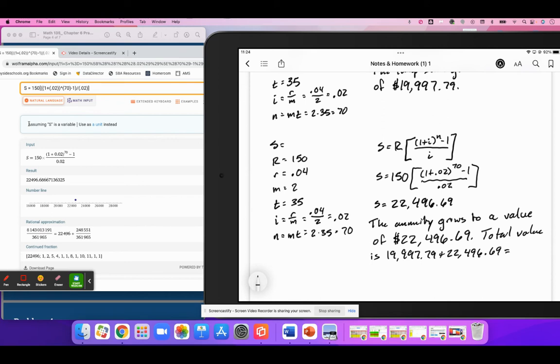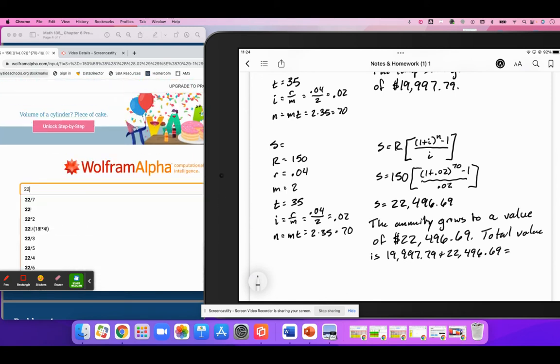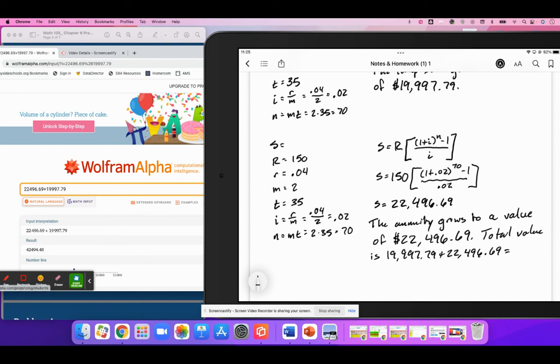I'll get Wolfram to do that for me real quick. 22,496.69 plus 19,997.79, and we get a value of 42,494.48.